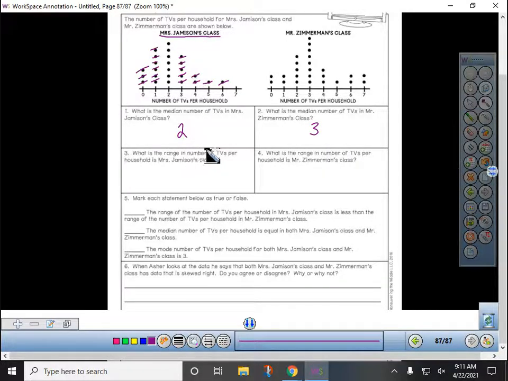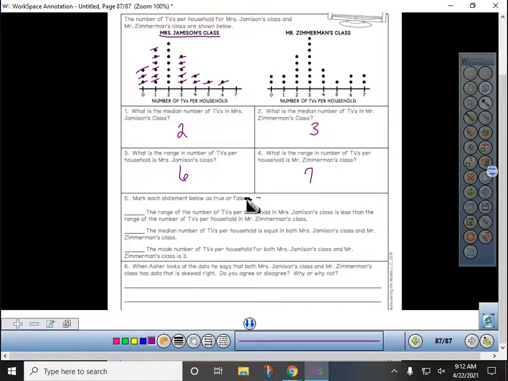What is the range? 6. How would it be 7? Because it's 6 minus 0, so it would be 6. That's right. What is the range in the number of TVs per household in Mr. Zimmerman's class? 7. Is that right? Yes.